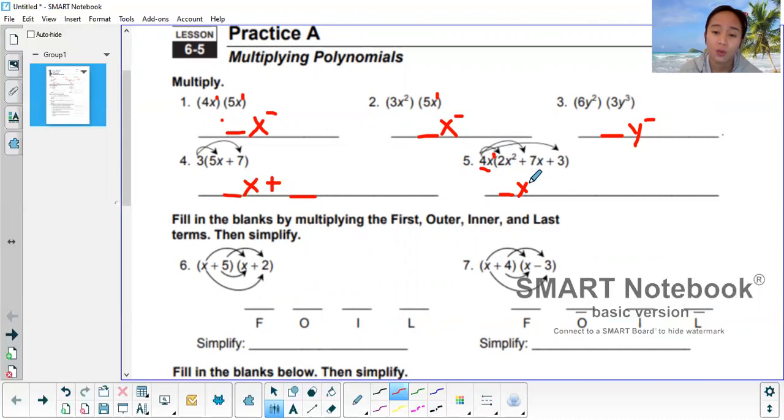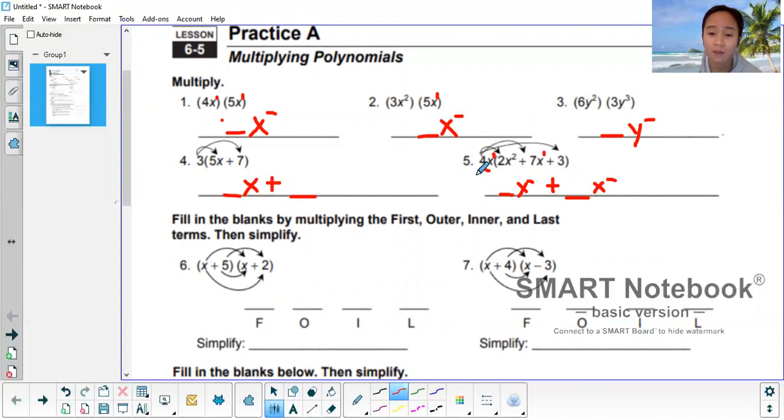So what's 1 plus 2? That will be the exponent for the first x. Next, we write plus because 4 times 7 is just positive. You write down the answer. Then for the x's, again, what's 1 plus 1? You write the exponent right here.